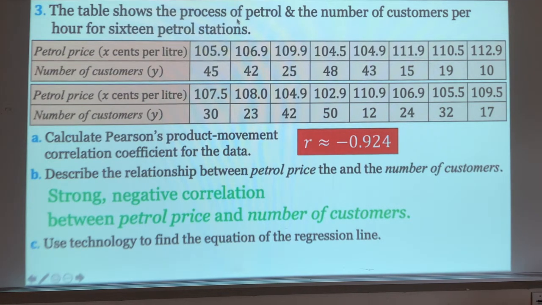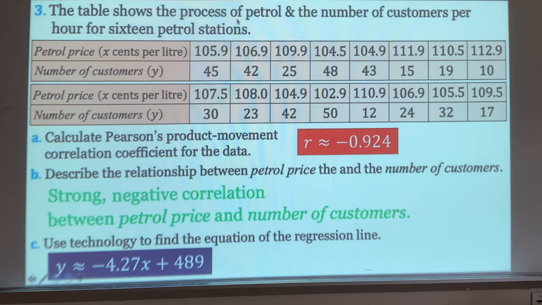All right. Find the regression line. Negative 4.27x plus 489. You know what that means? That means I entered in a number wrong. 5, 42, 25, 48, 43, 15, 19, 10, 30, 23. It's always good to check, because maybe I put my answer wrong.